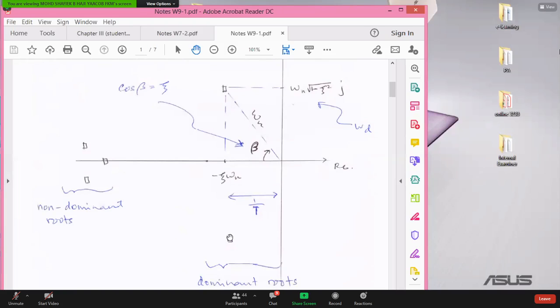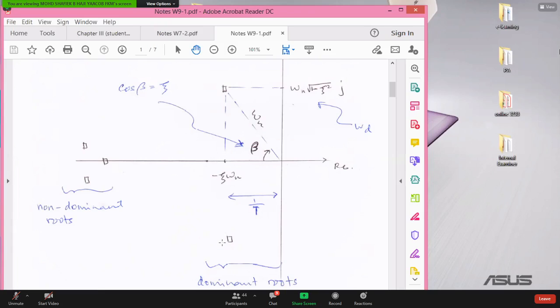In this case, we are going to estimate the behavior of the system using the second order system. Now we are just left with the dominant roots here. We only have two dominant roots. We are going to estimate the behavior of the system using the second order system.